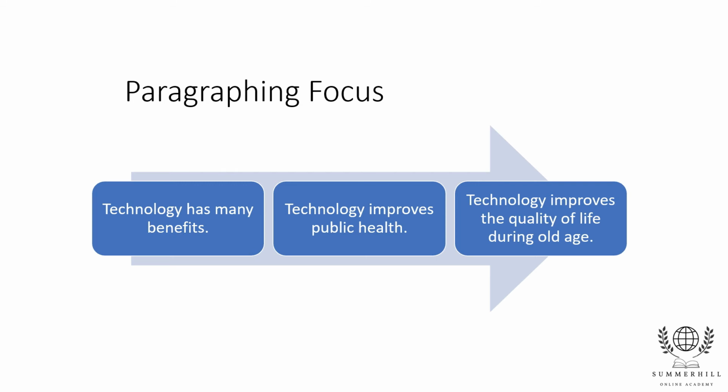Now, if we focus into a more interesting topic, such as technology improves public health, our body paragraph will be supportive of much more focused ideas. If we go even beyond and say technology improves the quality of life during old age, we're even more focused about the examples we will show for supporting that topic sentence. So in essence, the focus of the topic sentence will determine how focused your body paragraphs will be.